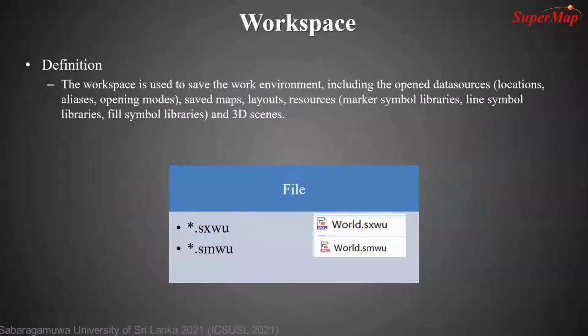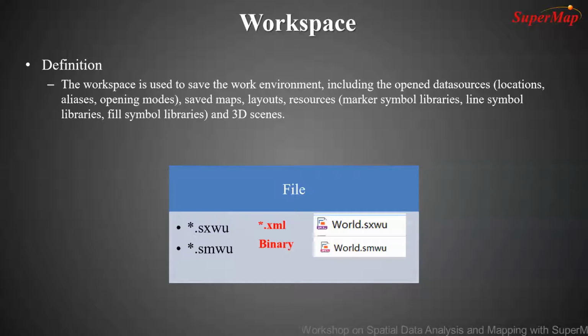So first, the workspace is used to save the work environment, including the opened data sources, saved maps, layouts, resources, and 3D scenes. The workspace has two formats. The first one is SXW and the second one is SMW.